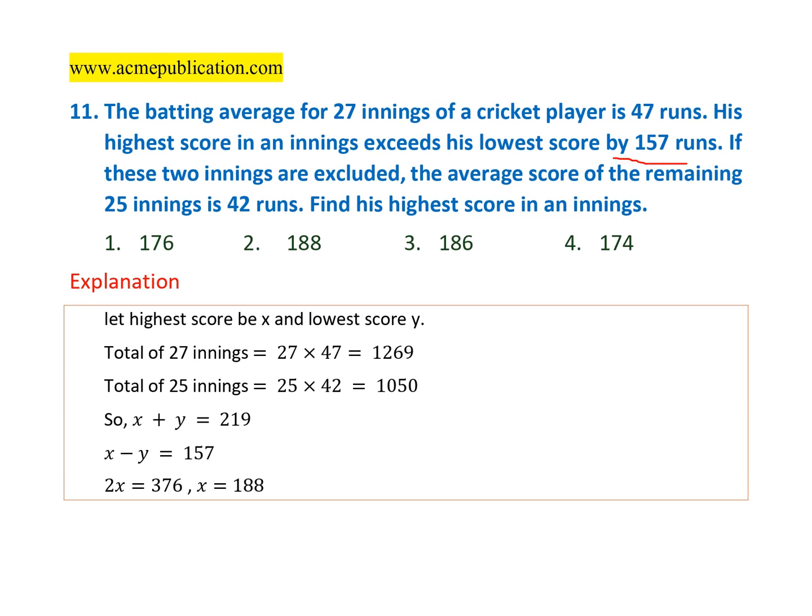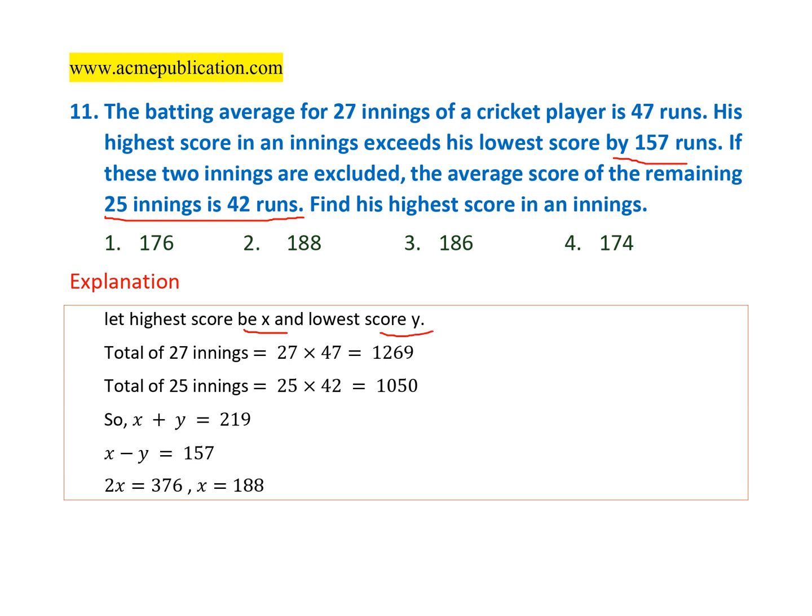If these two innings are excluded, the average score of the remaining 25 innings is 42 runs. Find the highest score in an innings. Suppose that highest score is X and lowest score is Y.